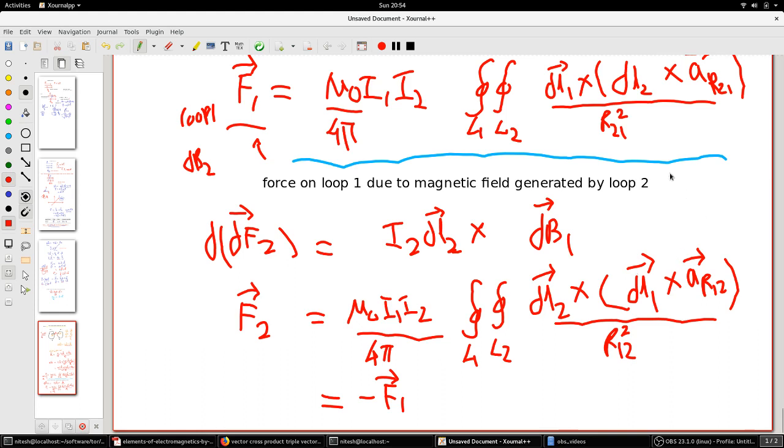Here we are saying this is minus because this is a unit vector, right. So if you see, the direction of aR12 is minus of aR21.